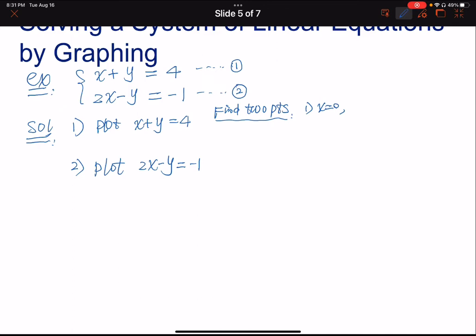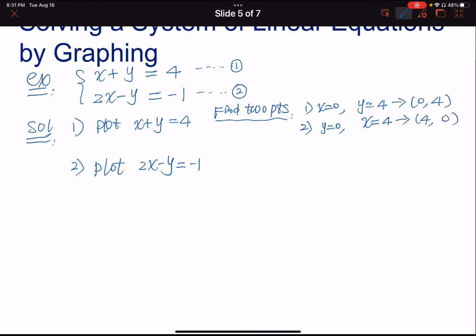If x equals 0, then y equals 4. This gives me (0, 4). Secondly, I let y equal 0, equivalent to finding the x-intercept. This gives me immediately x equal to 4, so this is (4, 0).